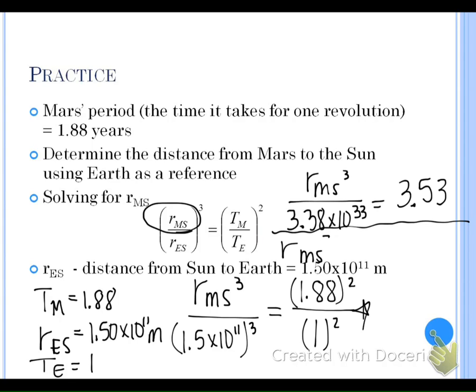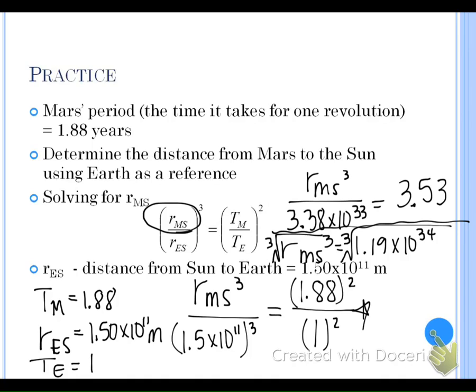I got 1.833 times 10 to the... Are you sure you multiplied? Yeah, I just put 3.53 times 3.38. Oh! Whoa, wait, I messed up. Okay, so we multiplied that across. That's going to equal the cube of RMS. So we need to take the cubed root of both sides.